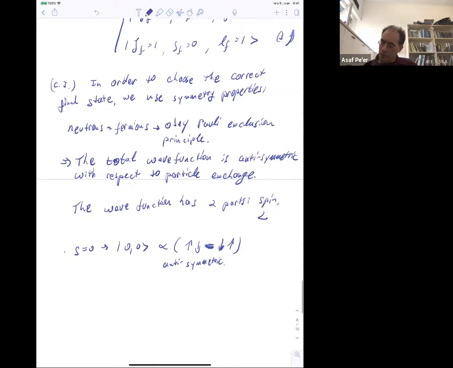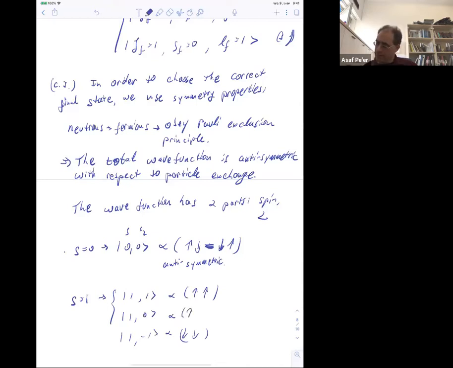And if S is equal to 1, this is total S, so we have 1, 1; 1, 0; and 1, minus 1. This will be up and up, this will be down and down, this will be up, down plus down, up. So in all cases, this is symmetric.